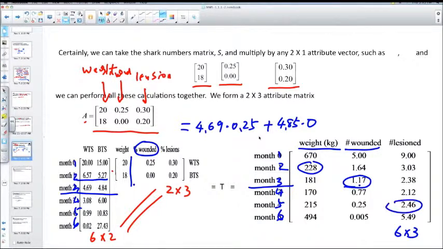Let's pick the last one here. What does that mean? This will be the 5th row and the 3rd column. The 5th row, the 3rd column, that's the total number of lesioned sharks. And you can multiply.